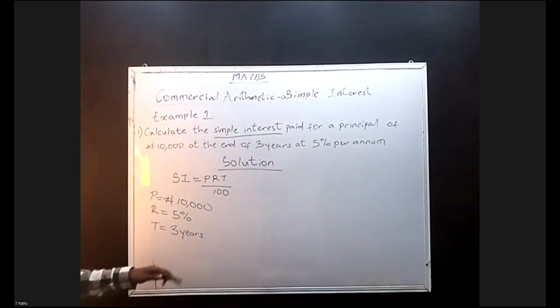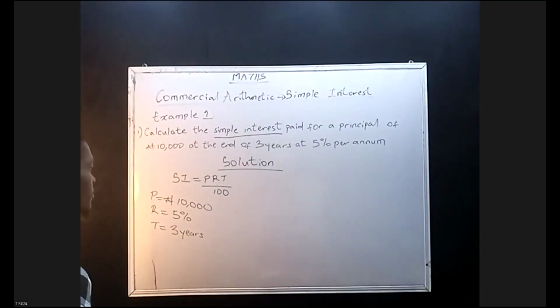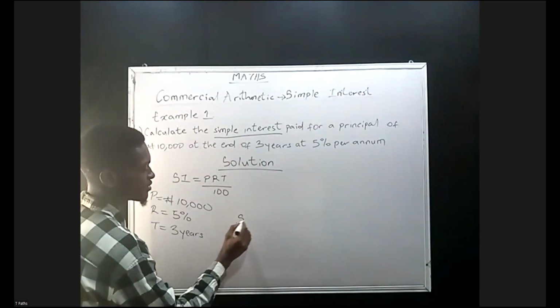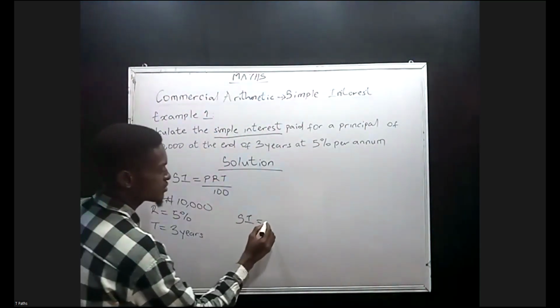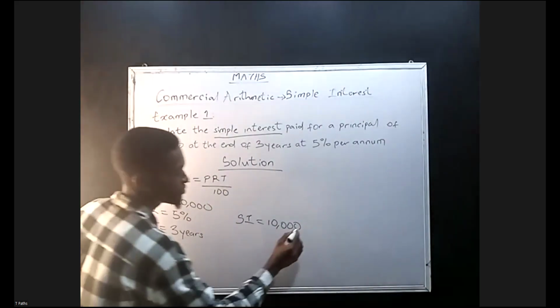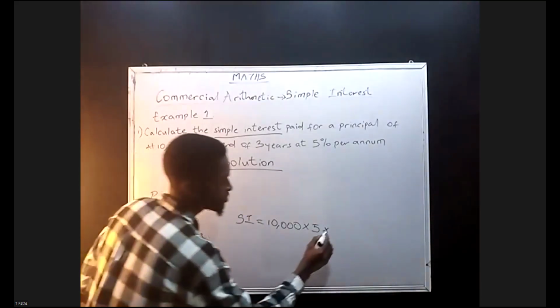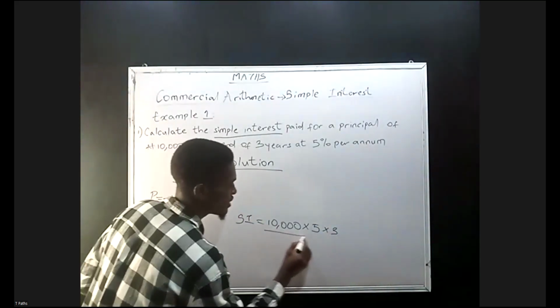So you just have to substitute these into the equation. So SI will be equal to P times R times our time, which is 3 years, all divided by 100.